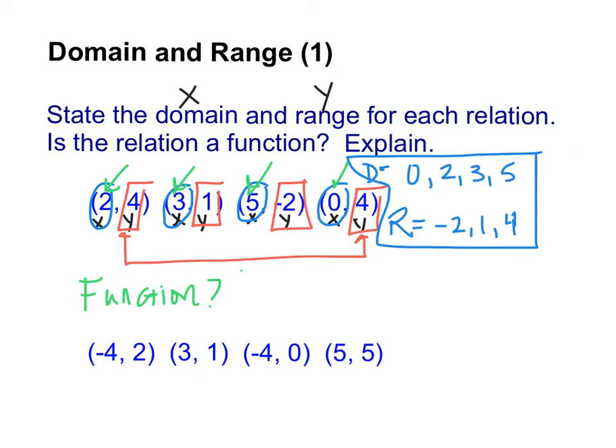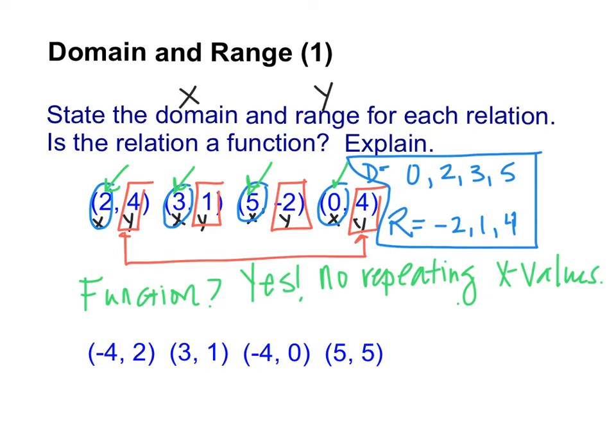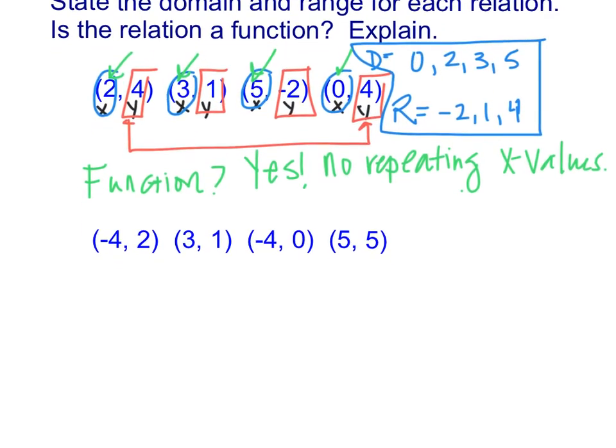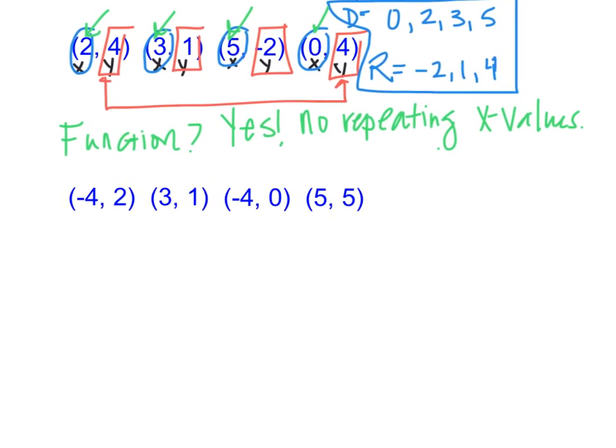So that's a good thing, yes, it is a function. Now to explain, how do we say that? All you have to say is no repeating x values. Do we have to actually explain and write that out? Yeah, we do. On your test, you'll have to, so let's get in the practice of that.